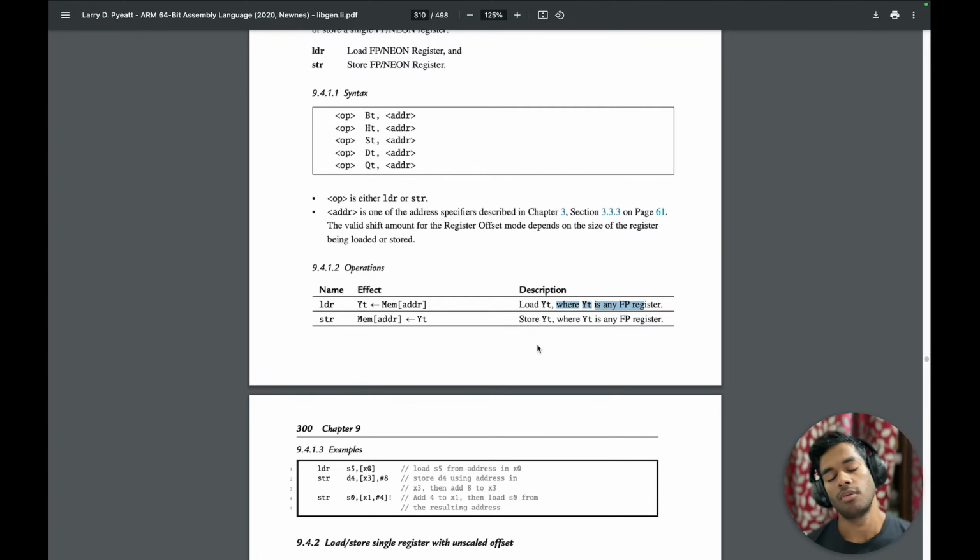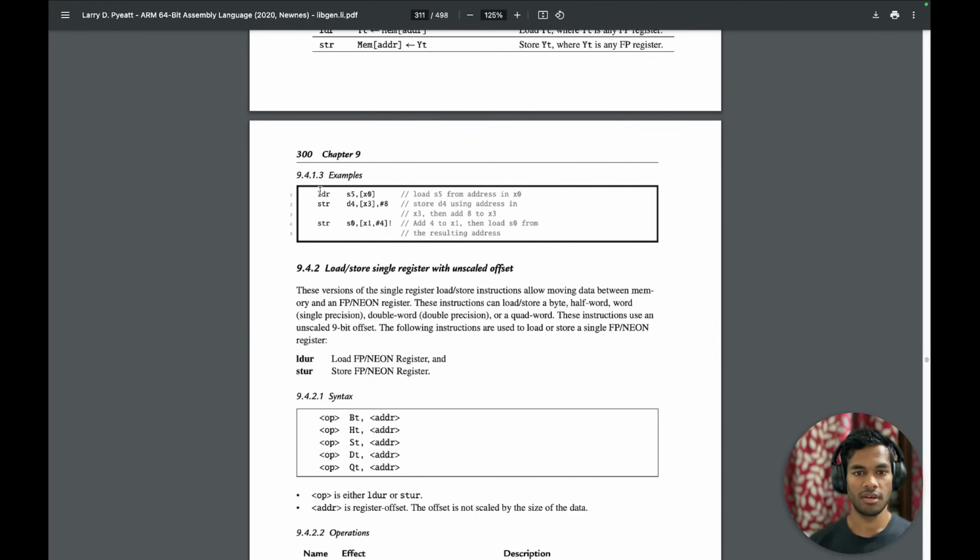Load a value into the floating point register. Store YT, where YT is any floating point register. Okay, that makes sense. LDR gets into the single precision, single word, that is 32 bits, from this place. Get 32 bits from this place. Load SY from address M0.